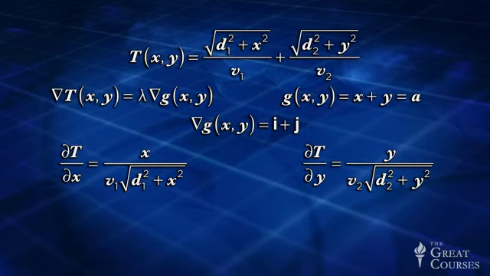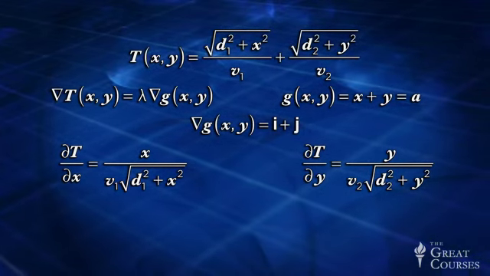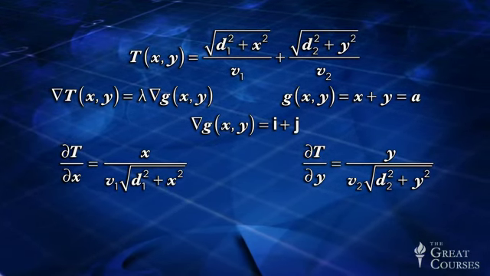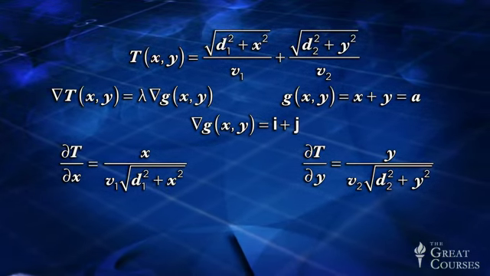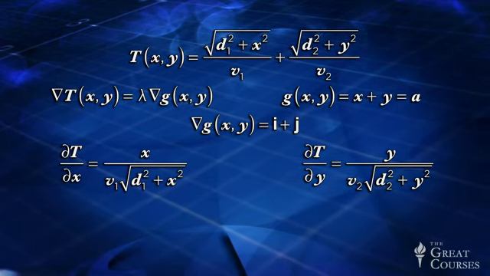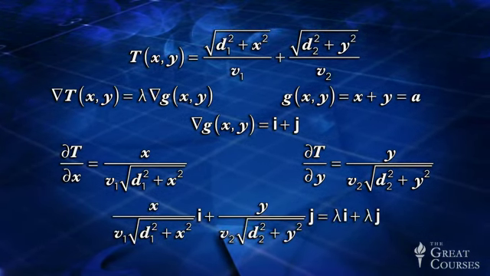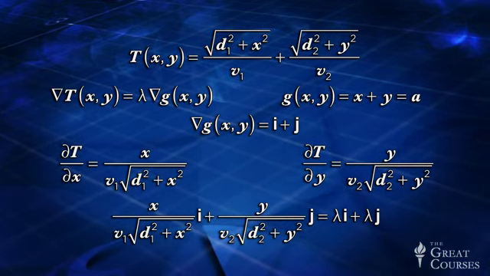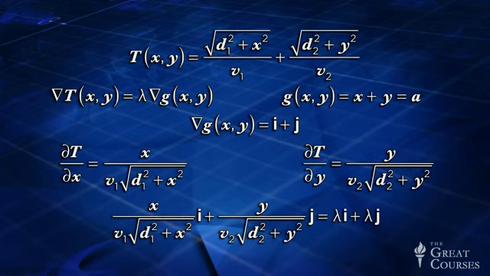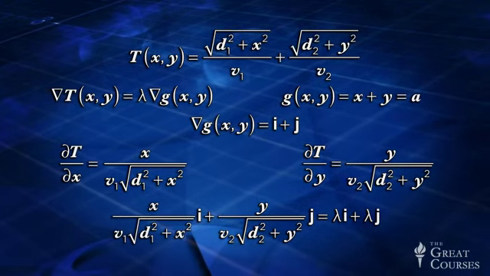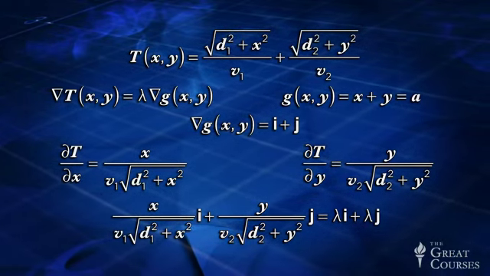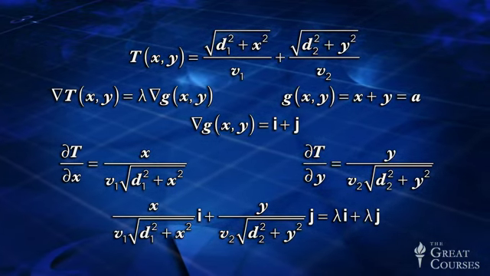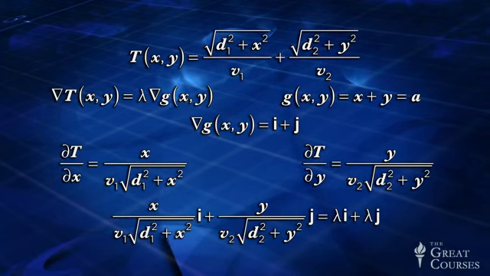Now we have gradient of t equals lambda times gradient of g, and we know all our partial derivatives. We know our gradients. So the gradient of t is x over v1 times that radical, i, plus y over v2 times that radical, j, and that equals the gradient of g times lambda, which means it's equal to lambda i plus lambda j.